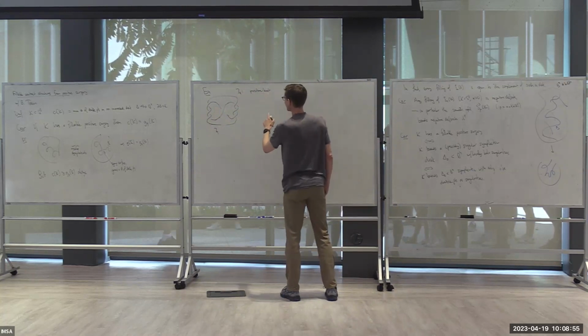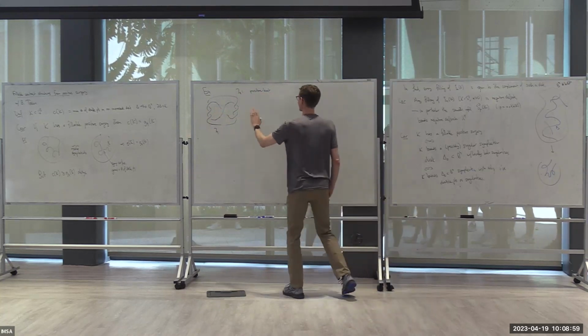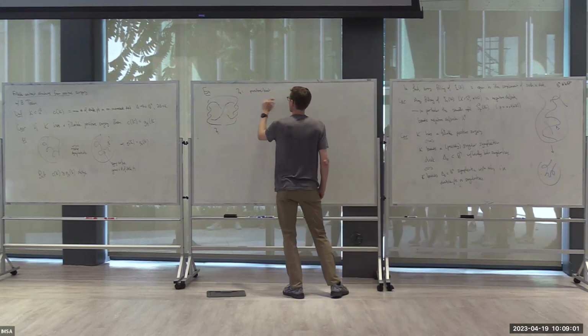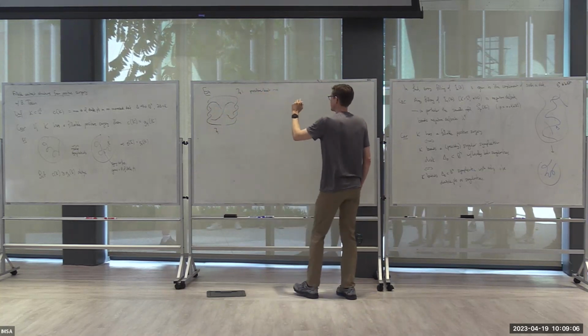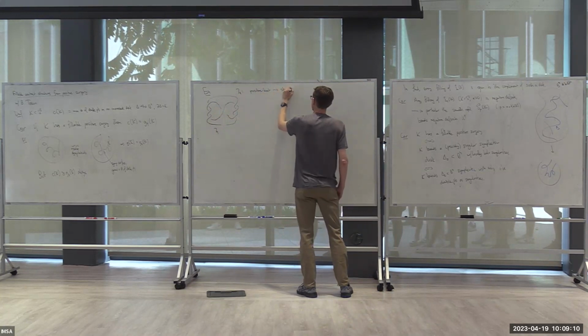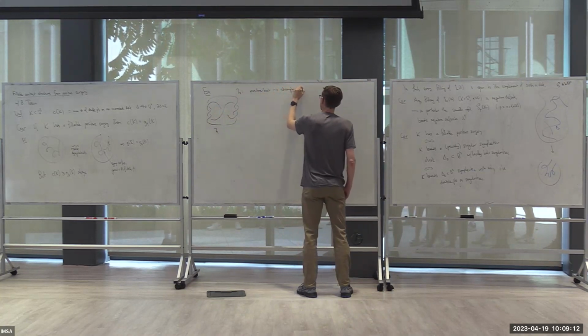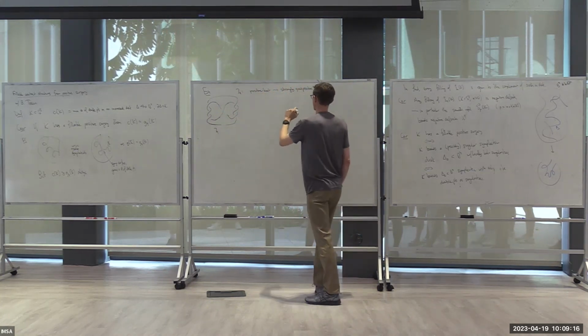Positive in the sense that it has a diagram with all positive crossings, which is this one. And that tells you, for example, that it's strongly quasi-positive, which we'll come back to.